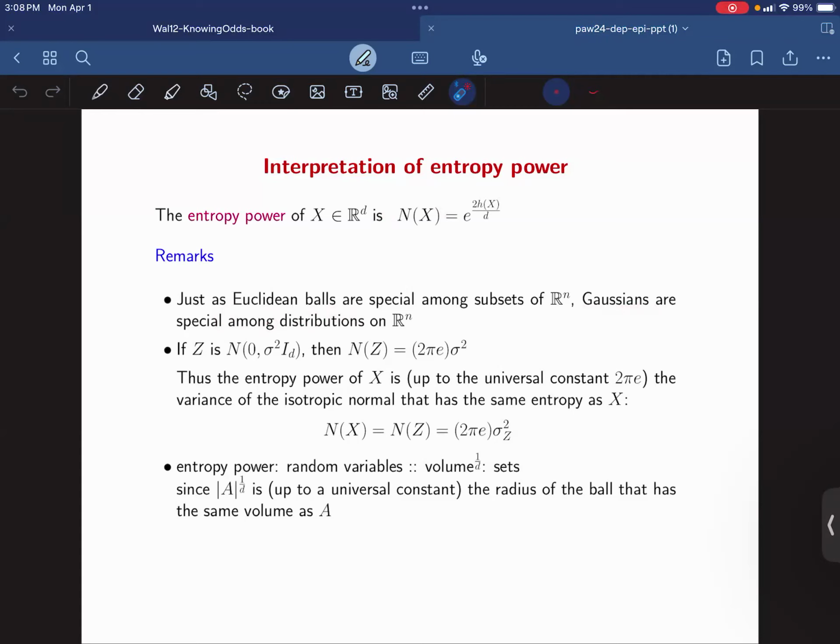And just as volume to the 1 over d is essentially, up to a constant, the radius of the Euclidean ball that has the same volume as your set, the entropy power turns out to be, up to a constant, the variance of an isotropic Gaussian that has the same entropy as your given random vector X. Basically, entropy power is to random variables as volume to the 1 over d is to sets. That's the intuition to keep in mind, and that analogy is very useful.